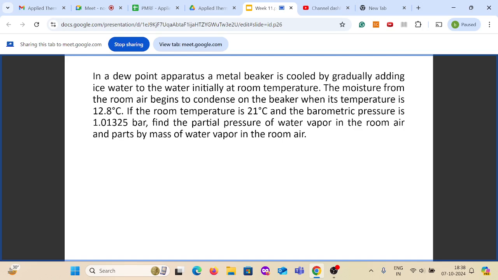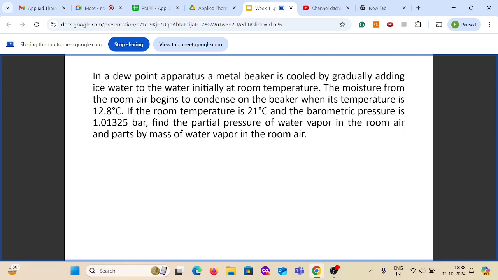That is what is being done here. You are gradually cooling the water, so the temperature of the beaker is also changing, and you are estimating at what temperature the water is getting condensed to estimate the dew point. That is the idea, to find out the dew point.